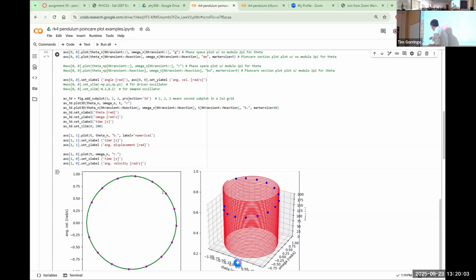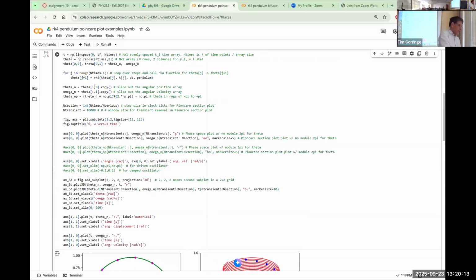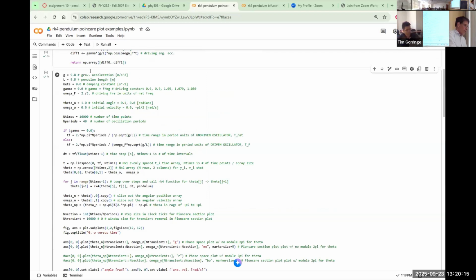And you see all these Poincare section plots, so these points are evolving around the trajectory. If I had made it a really small displacement, where's the displacement?